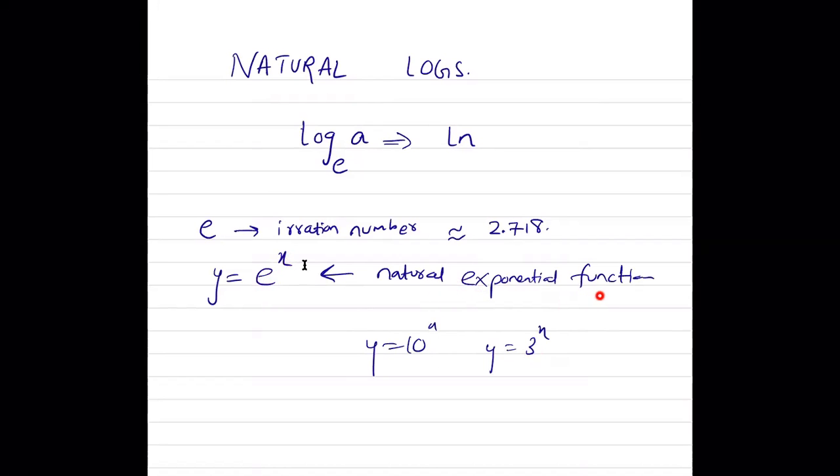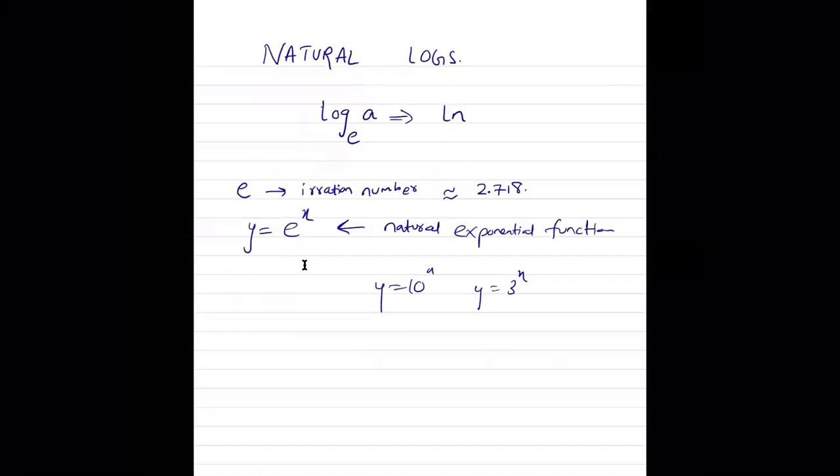Okay. And if let's say this is the equation given, and if I ask you to convert this to the log form, what is the log form going to be? You would say log to the base e of x, right?